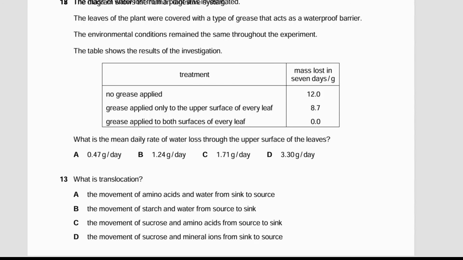Okay, there are 7 days. So you have to calculate it for 1 day, and you have to calculate it for the upper surface. 7, exactly.